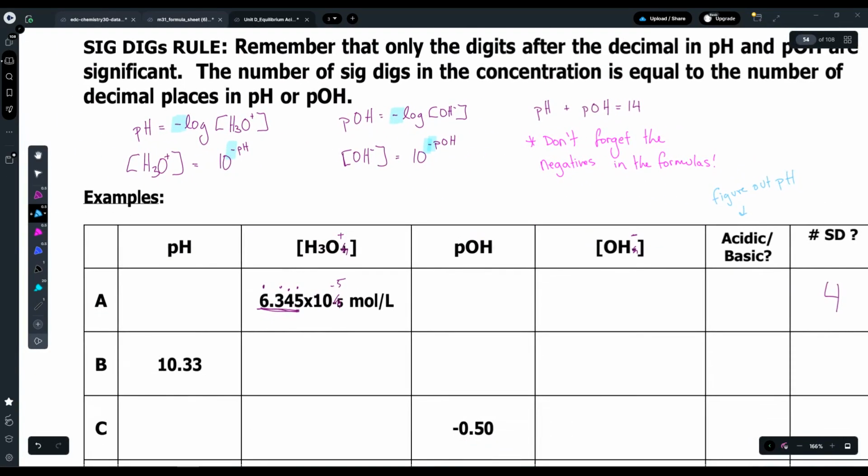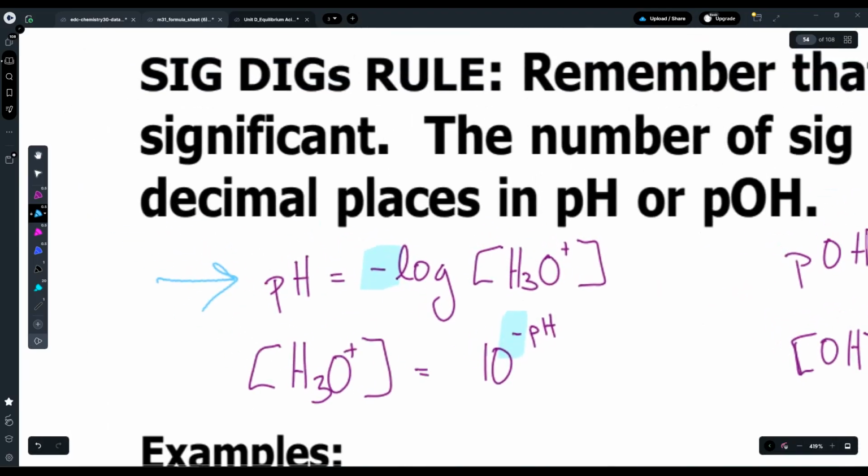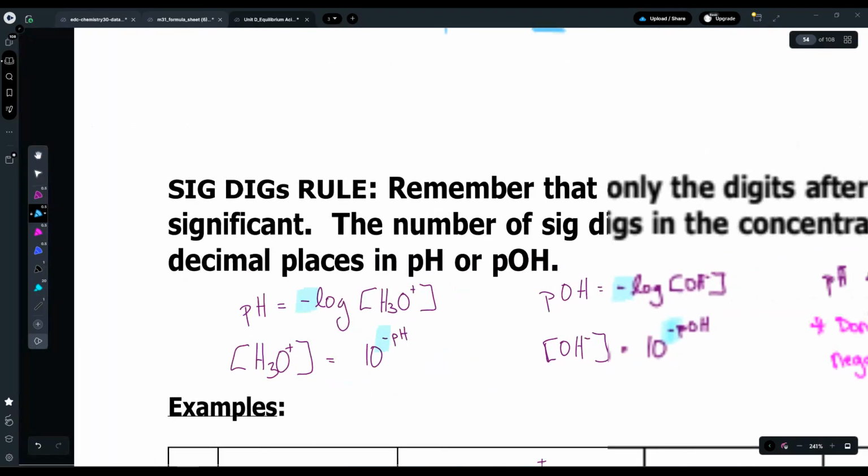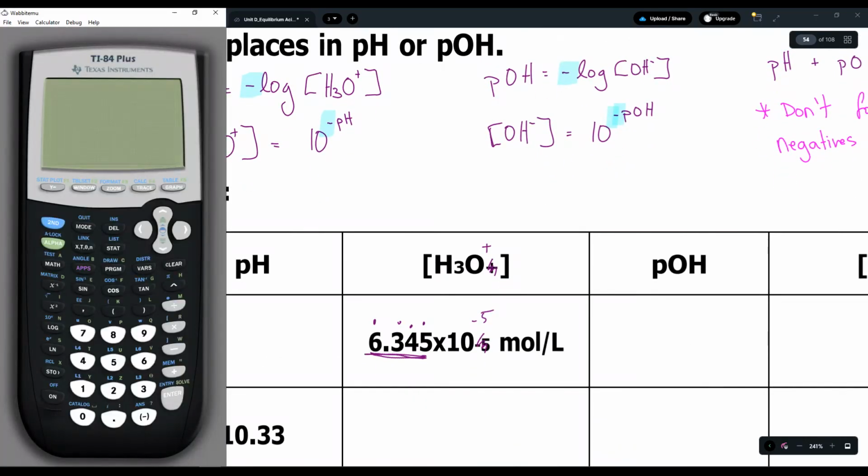All right, so let's get into the calculations. So we have concentration of hydronium. We're looking for pH. So that means I'm going to be using this formula right here. pH is equal to the negative log of the concentration of hydronium ions.